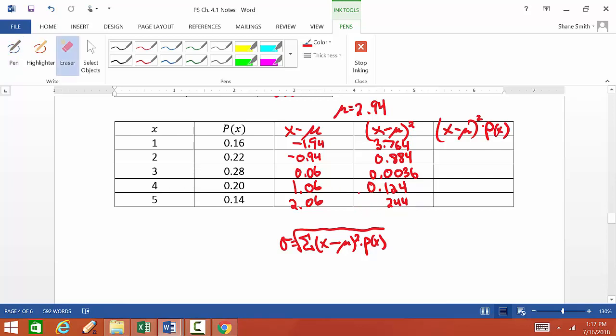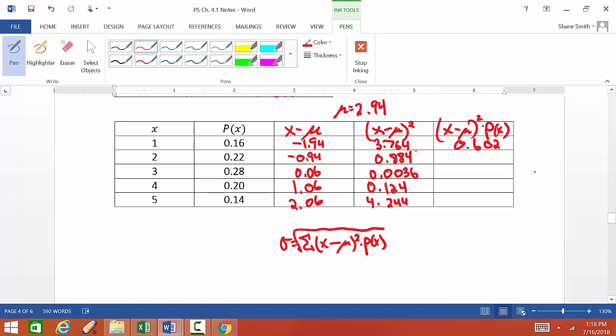And then finally, we take each of those values and multiply by the probability of x. And the probability of x changes because it's a function of x. So the probability of x is whatever is in that row. For example, 0.16 times 3.764 is 0.602.